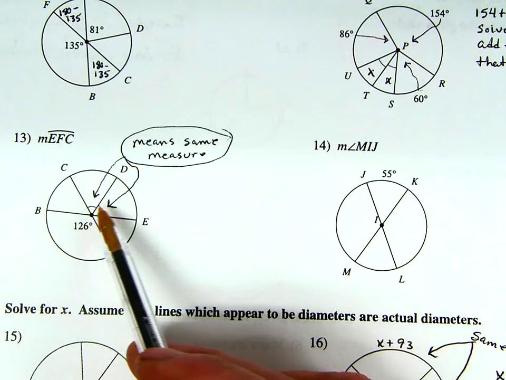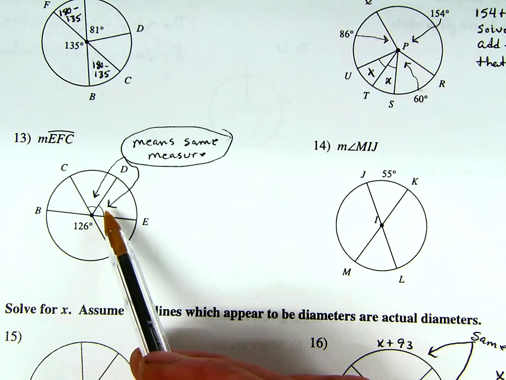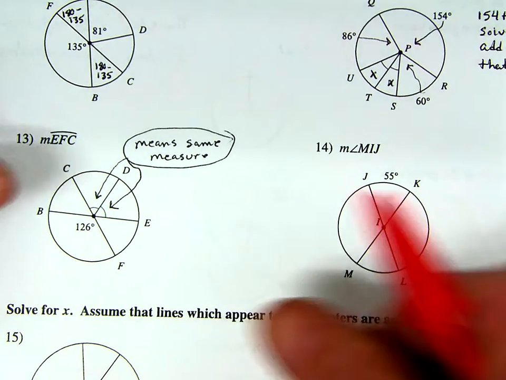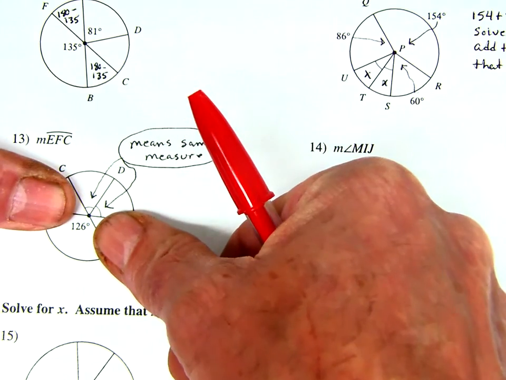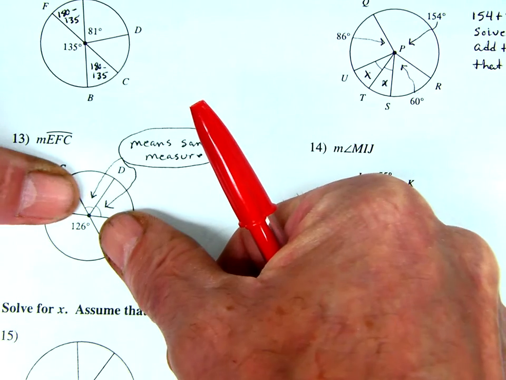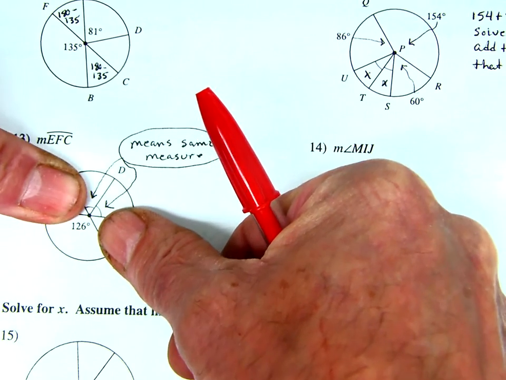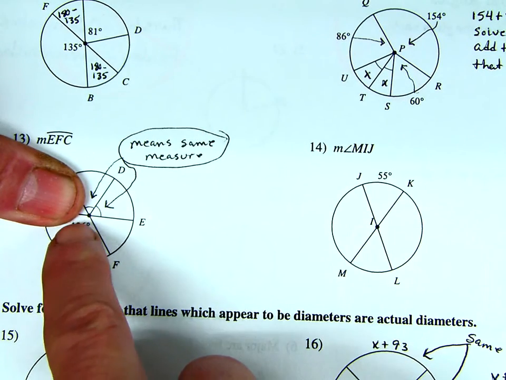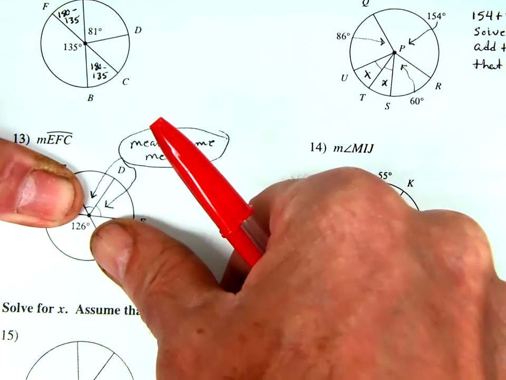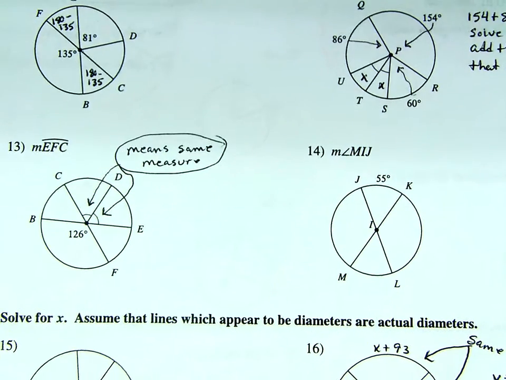Over here, this part and this part both have the same measure. Now look what happens when you put these two together. They become the same as this big one right over here. That's a hint.